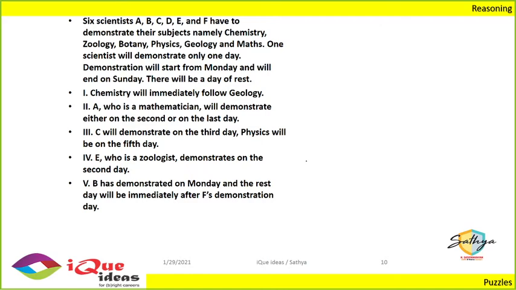What is the meaning of point 5? B has demonstrated on Monday. See, and the rest day, there is one day on which there is no demonstration. It's a rest day. The rest day will be immediately after F's demonstration. So whenever F's demonstration is taken, the day after that, nobody will be demonstrating. It will be a day of rest.